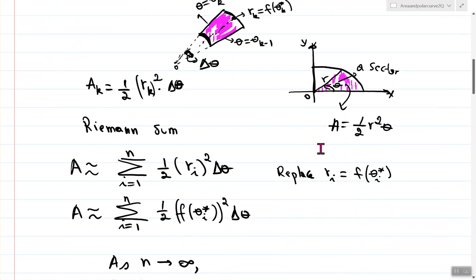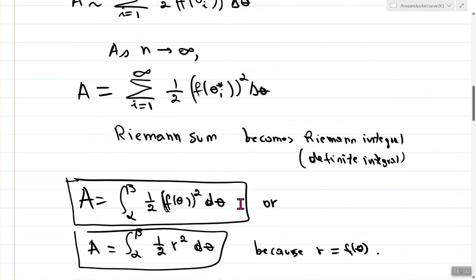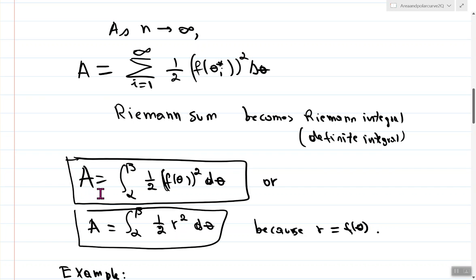We can explain all those Riemann sums, but the bottom line is, to find the area of the polar region, you will have to integrate from alpha to beta 1 over 2 times f of theta squared d theta. f of theta is r, so if you want this version of the formula, you write 1 over 2 times r squared.